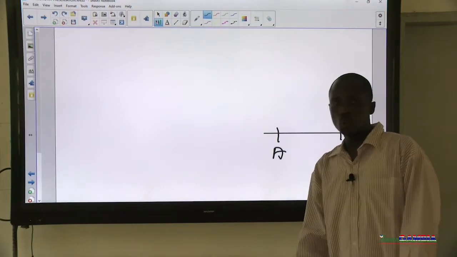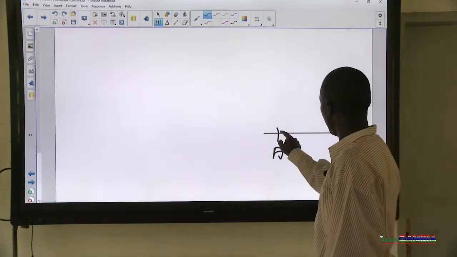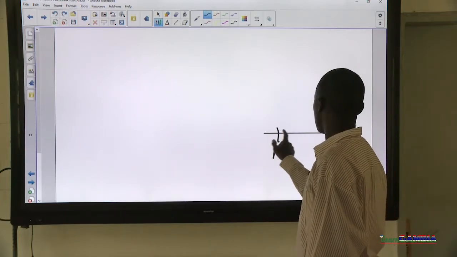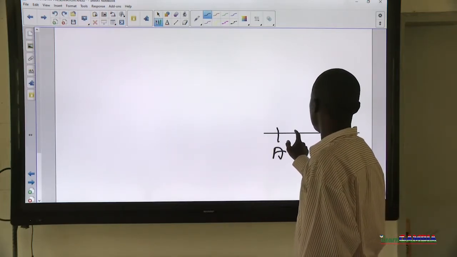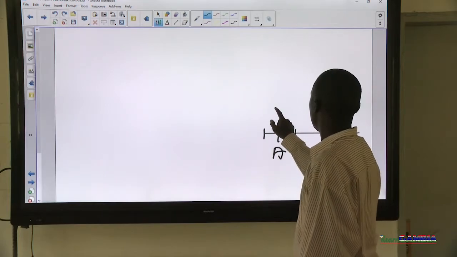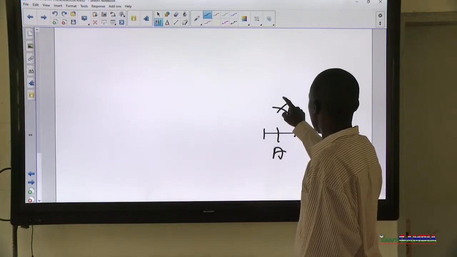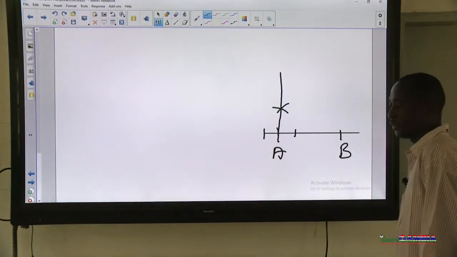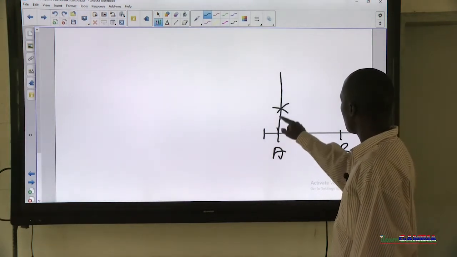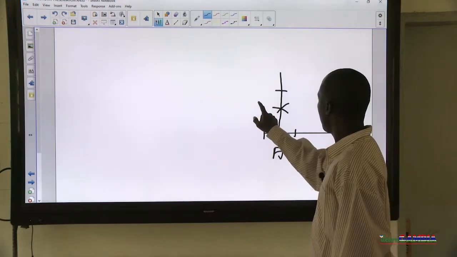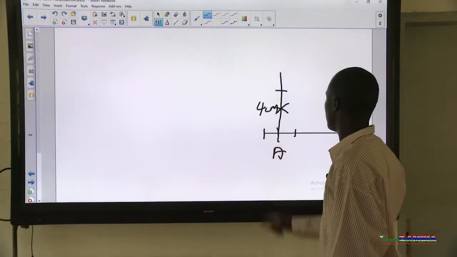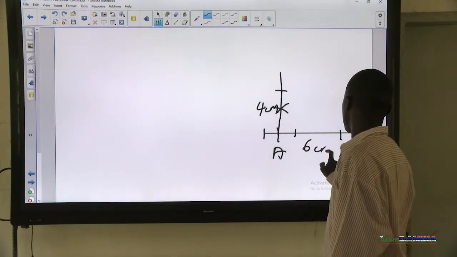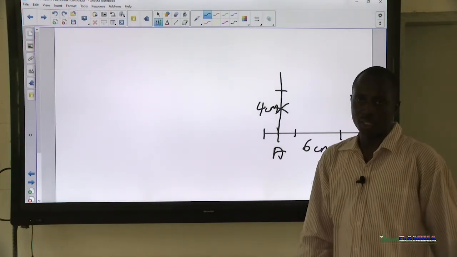What am I supposed to do? At point A, I'm going to construct 90 degrees. I do the construction of 90 degrees here. Then this point will be joined to A. Now from A to D, I'll mark 4 centimeters. Remember we are told that AB is 6 centimeters.